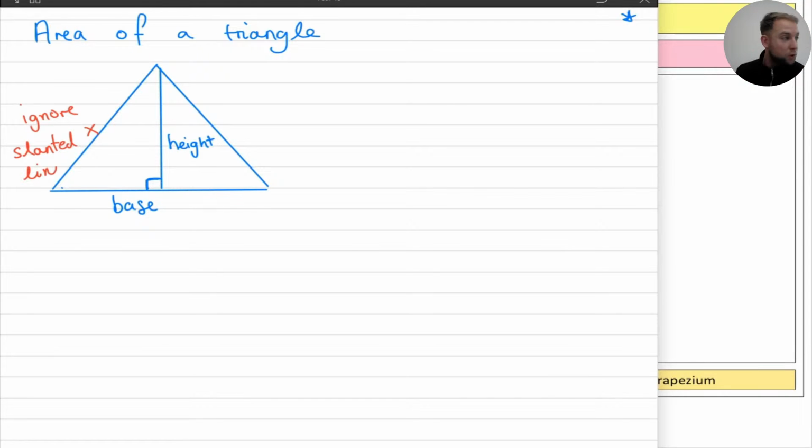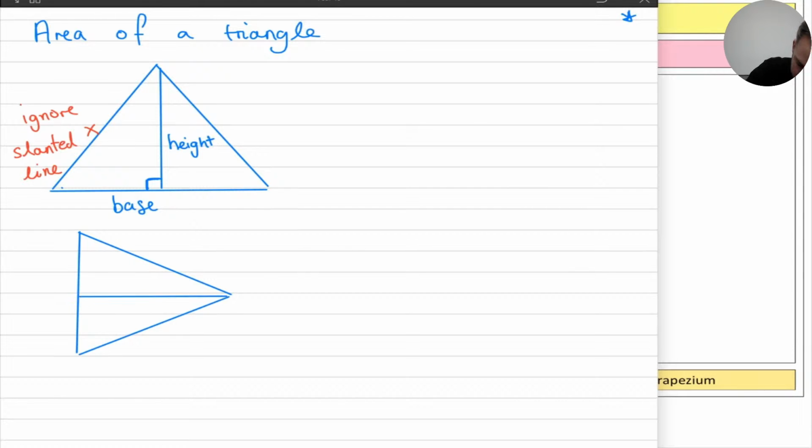Now, don't be too confused. Sometimes you'll get it that it looks like this. Now, you might think to yourself, where's the base and the height on that one? Well, the height on this one is going to be this part here.